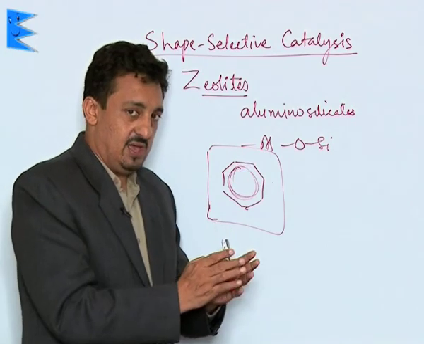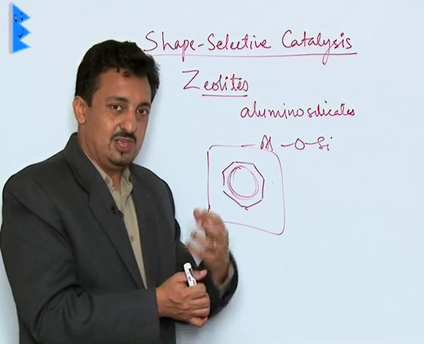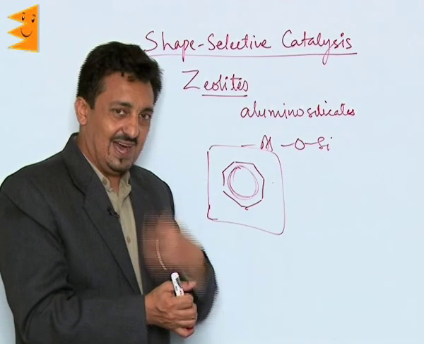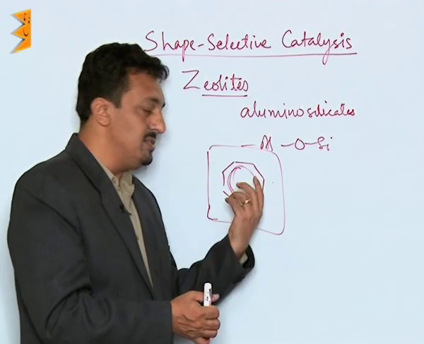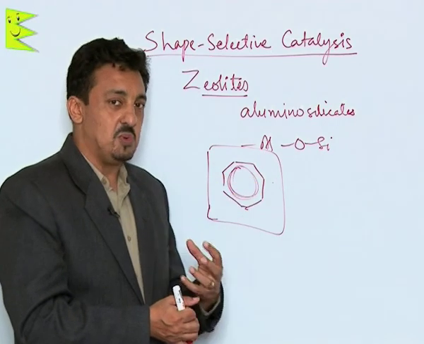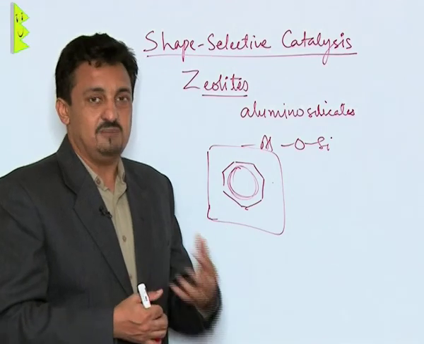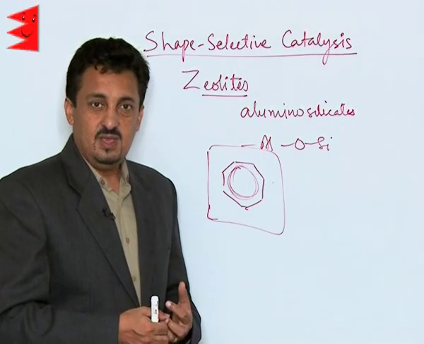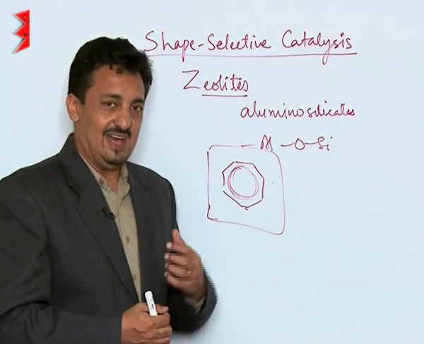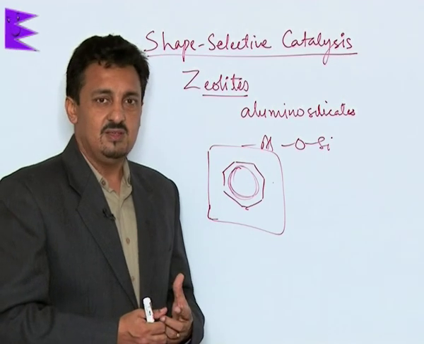So only those reactant molecules or their reactions are catalyzed which can be absorbed on these pores, and that is how they become what? Shape selective.